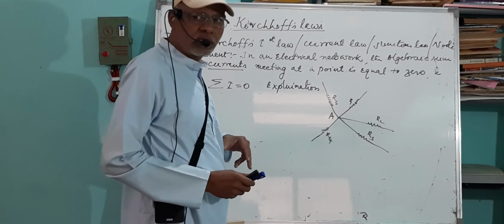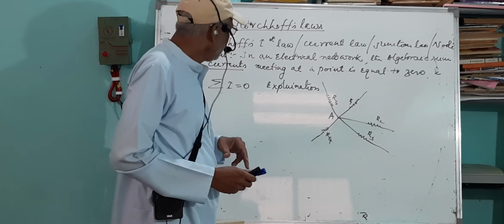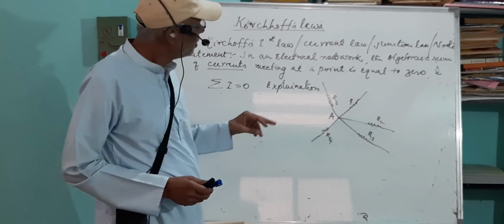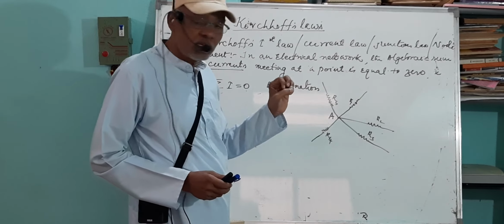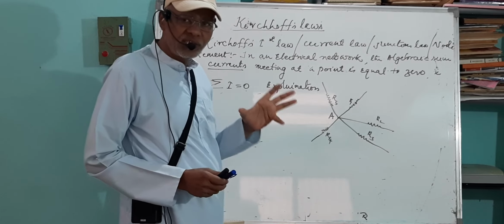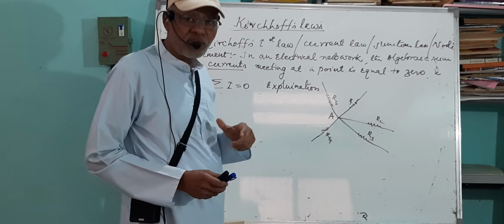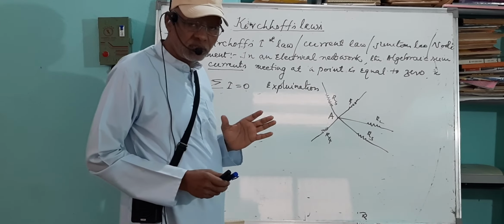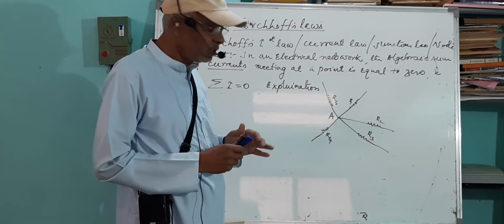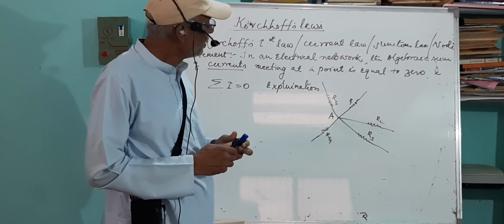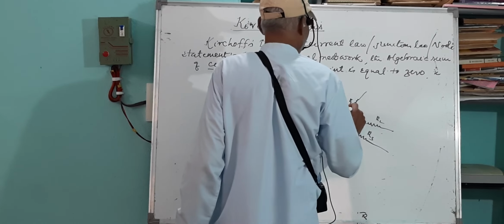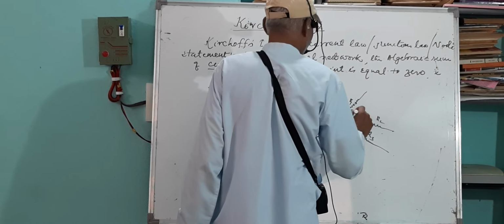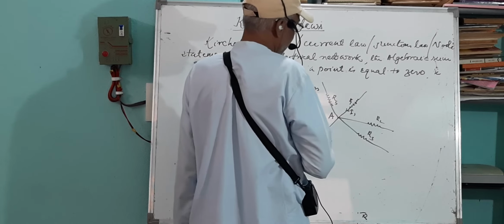Now let us see here. We have shown five resistors, each conductor having some amount of resistance. Now imagine that in the first conductor, current I1 is coming toward the junction.